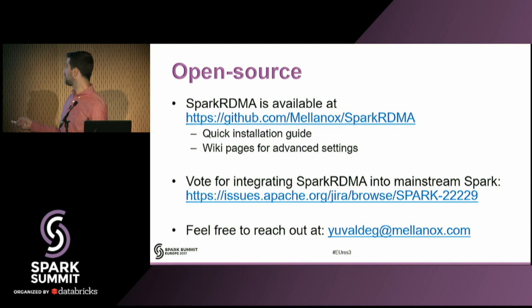And we have this Jira open here, and we'll appreciate any support from anyone that would like to vote for us or present any questions or anything else. Feel free to reach out by my email, whatever you need, suggestions, questions, everything is welcome.